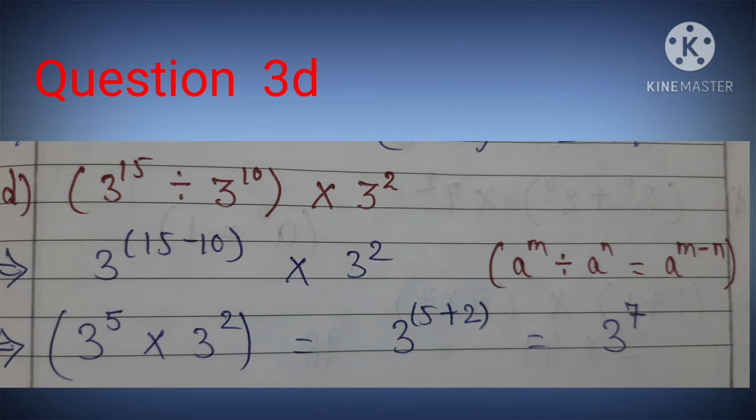So the second step is 3^(15-10), which becomes 3^5 into 3^2 as the third step. Now the bases are same with different powers, so we apply the first law, in which with same bases in multiplication, the powers get added. So we get 3^(5+2), which becomes 3^7 as the answer.